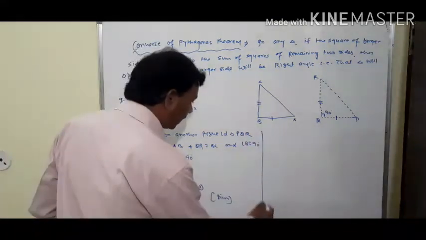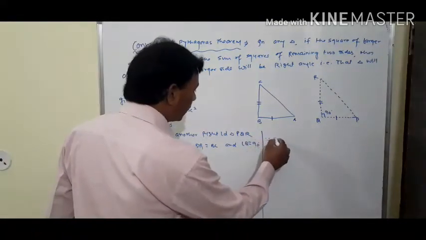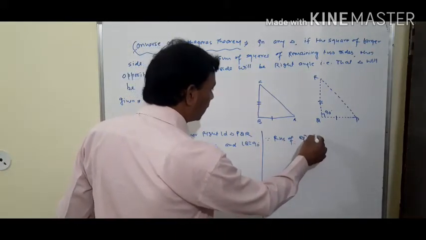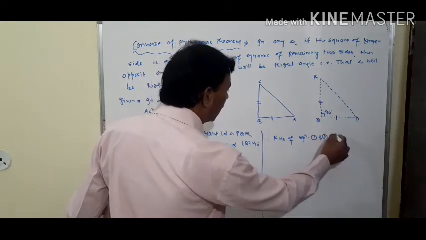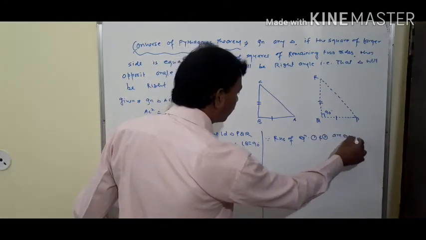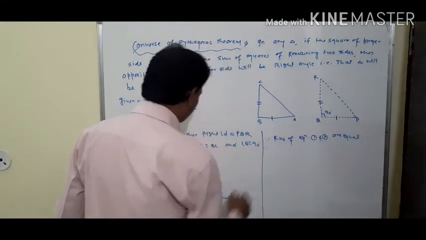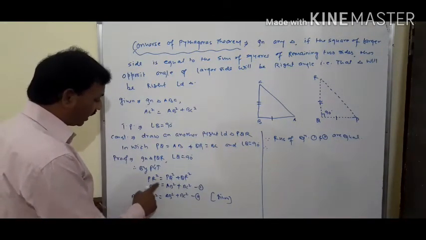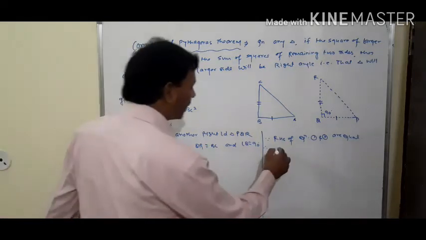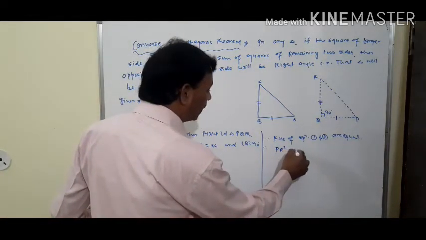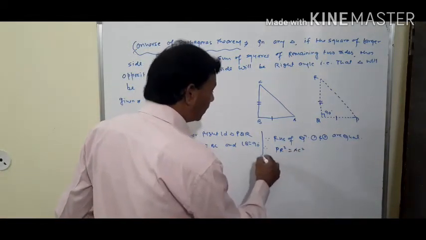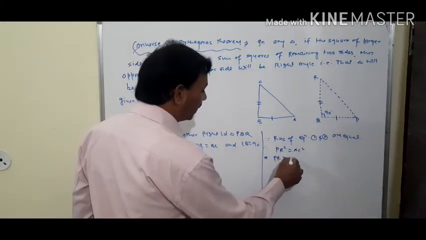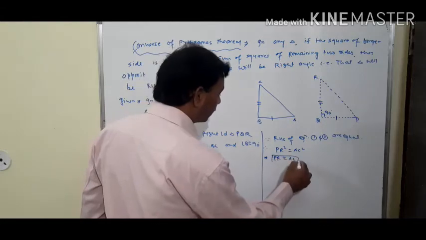Since the RHS of equation 1 and 2 are equal, therefore the LHS are also equal. That means PR square equal to AC square. Taking square root on both sides, PR equal to AC.